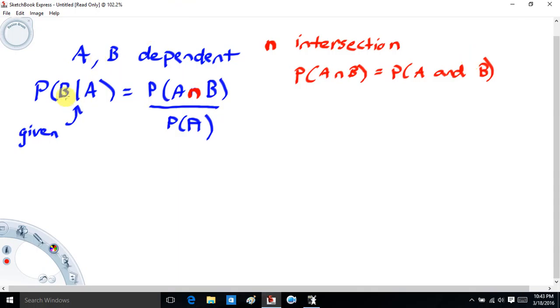So again, if B and A are independent, then event A has no effect on event B, so it's just the probability of B. And this one is for A and B independent.